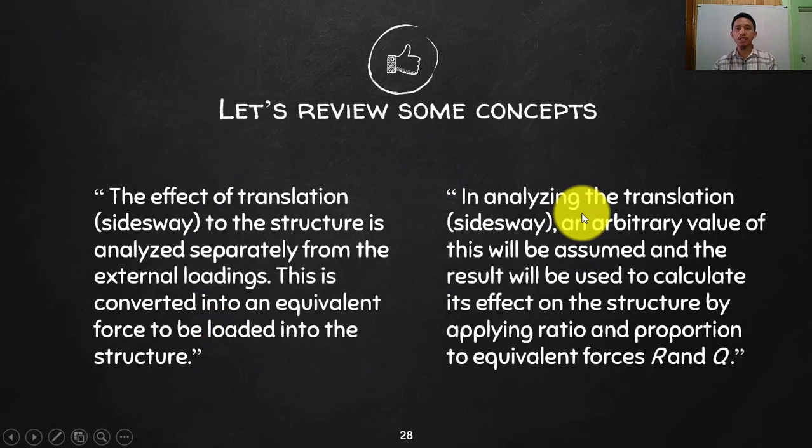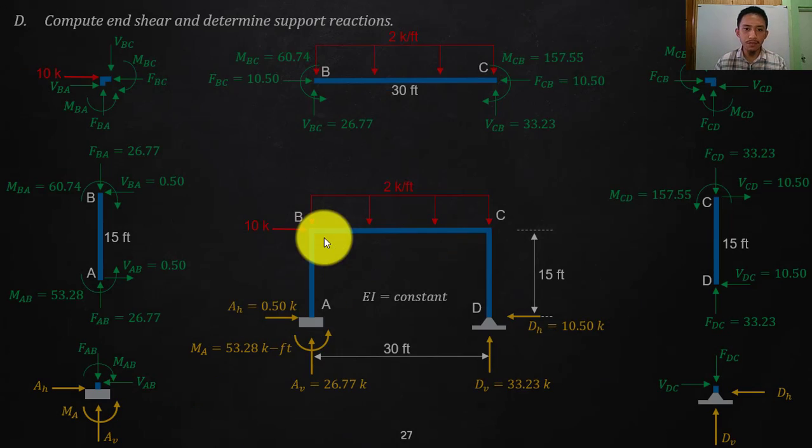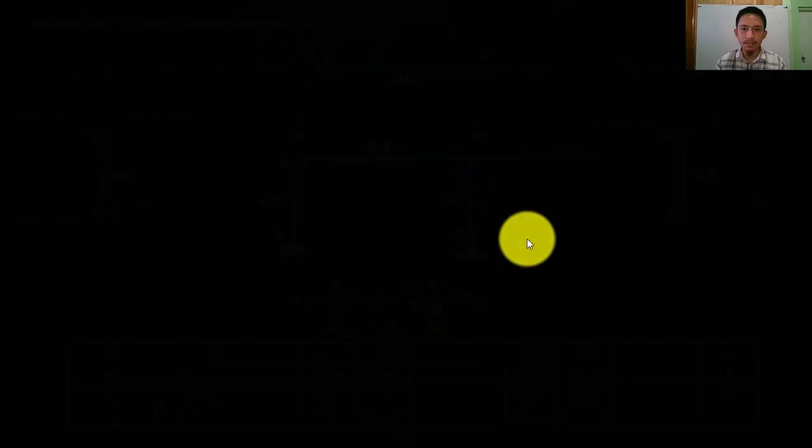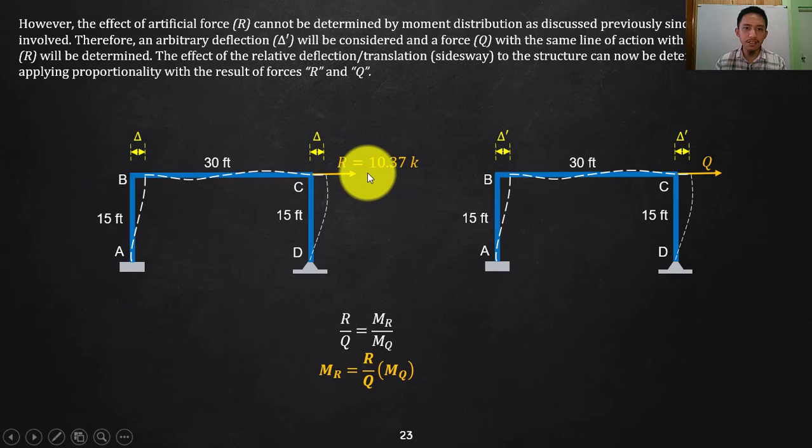And of course, in analyzing the translation effect of Sidesway, we use an arbitrary value, since again you cannot use the force R and then solve for the deflection delta. And distribute. First, because of course, if you have that R, there is no way you will solve the end moments, isn't it?